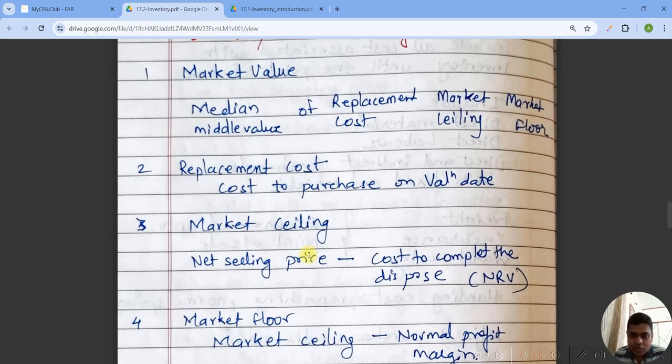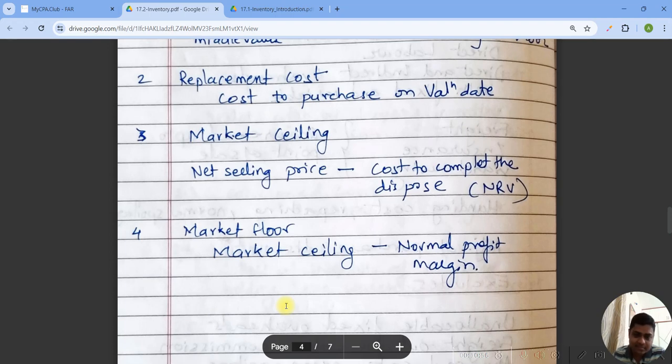Market ceiling is nothing but the net selling price minus the cost to complete the disposal. It can also be considered as net realizable value, because if some cost has to be incurred to dispose of the inventory, then that cost has to be deducted from the net selling price, and what we get is the market ceiling. What is market floor? Market ceiling minus normal profit margin is market floor.